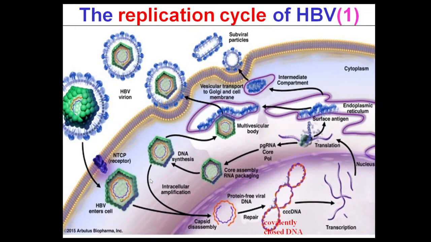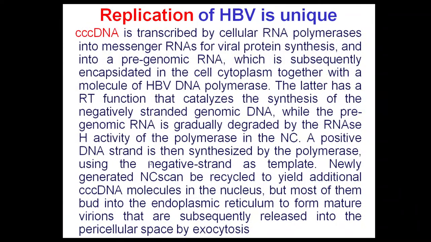And then what happens? The positive DNA strand will be synthesized by the polymerase using negative strand DNA as a template. But newly generated nucleocapsids can be recycled to yield additional cccDNA molecules in the nucleus, but most of them bud into the endoplasmic reticulum to form mature virions that are subsequently released into the pericellular space by exocytosis.